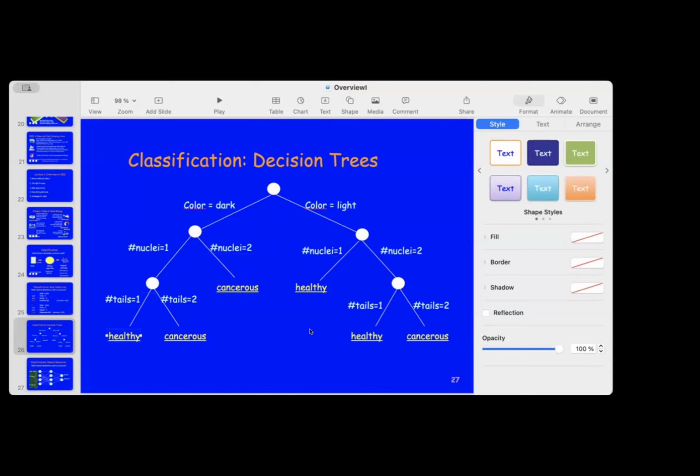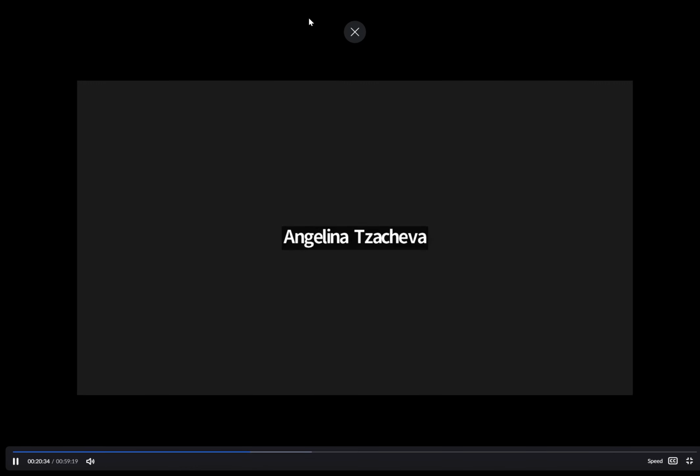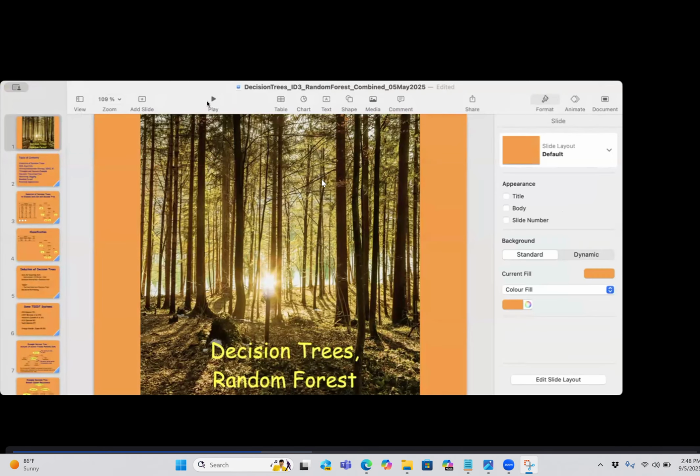By traversing the entire tree, we obtain the answer to our question. All right, so let's see how we are going to build this decision tree.